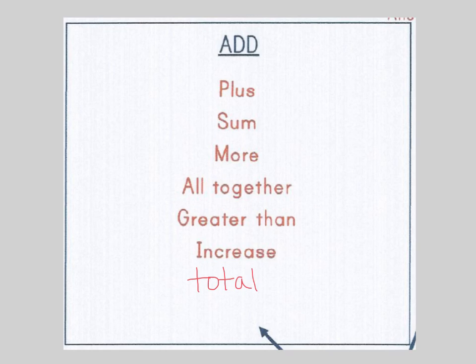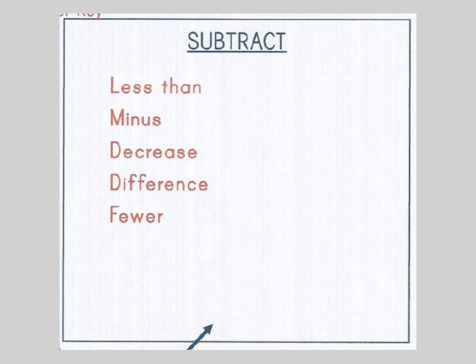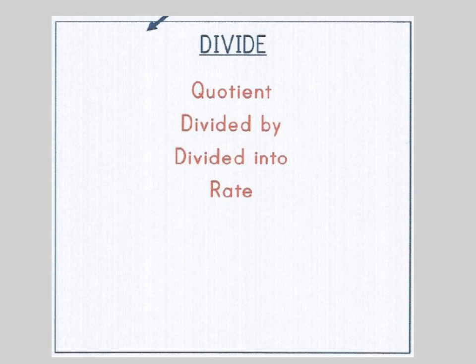So those are all the words that indicate addition. For subtraction, you should have the words less than, minus, decrease, difference, and fewer. For division, you should have quotient, divided by, divided into, and rate.